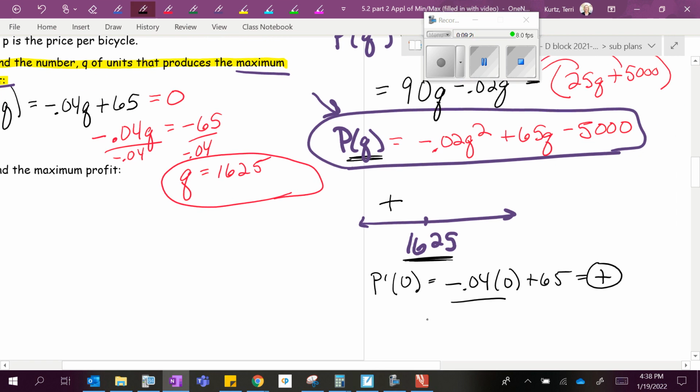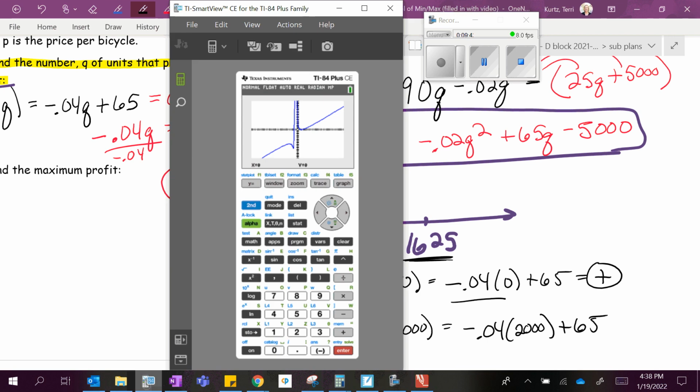And then if I choose, I'm just going to say 2,000 on this one. If I choose 2,000, I'm going to say negative 0.04 times 2,000 plus 65. Let's just verify here.